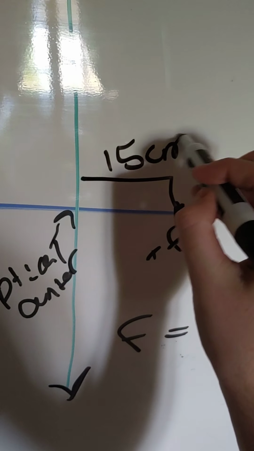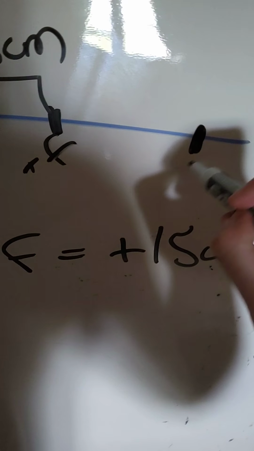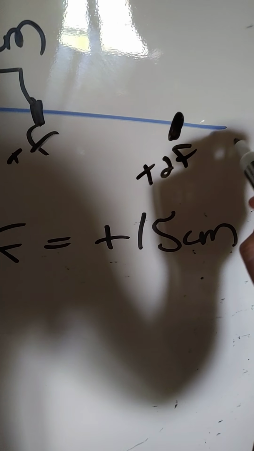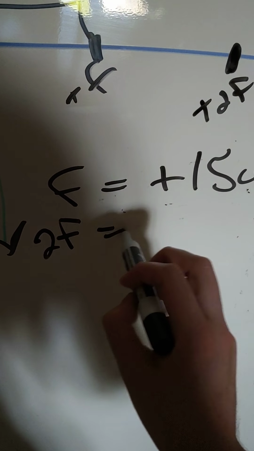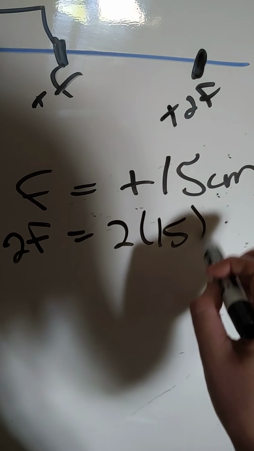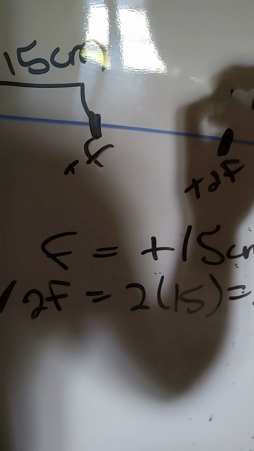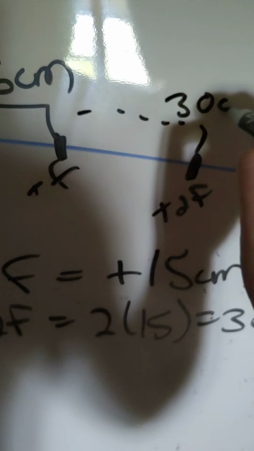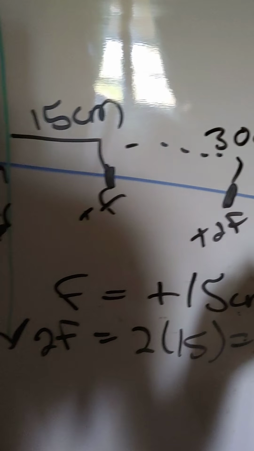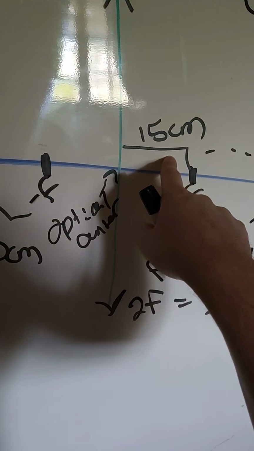So plus lens. So 15. Which means that when we put 2f on here, we know that positive 2f is going to be 2 times 15. So 2f equals 2 times 15, which equals 30. So this is going to be 30 centimeters away. Cool fun fact, negative f is the equal distance.